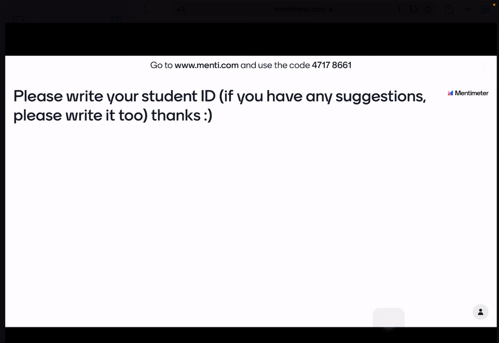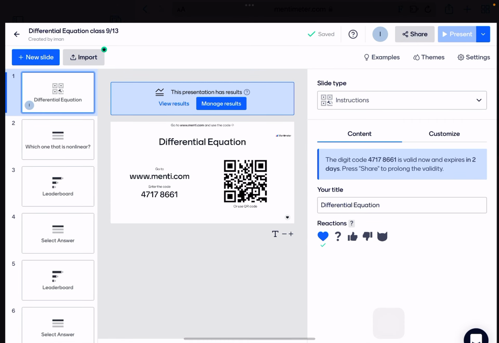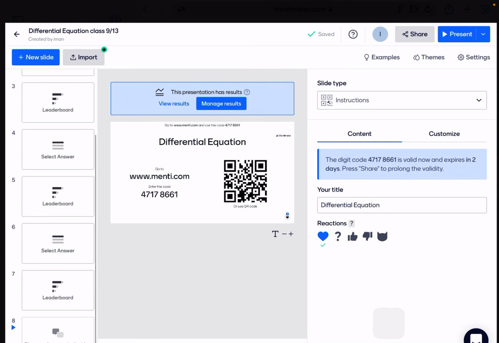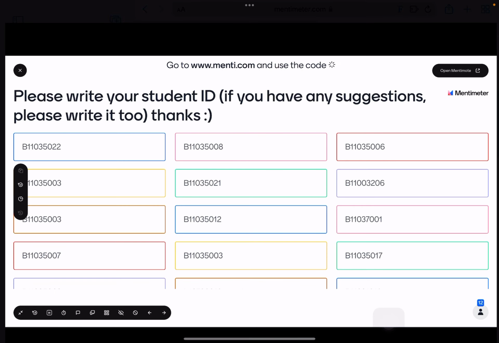Please write your student ID. If you have any suggestions, you can also write them. You can write multiple times, so you can submit multiple times. Okay. I think you already have it on the page, right? I don't know why using the iPad it's always coming up.